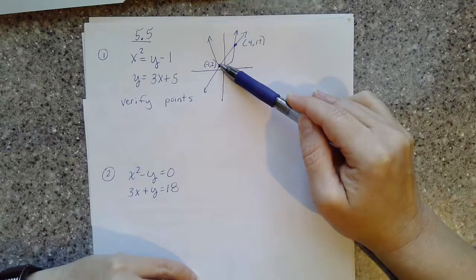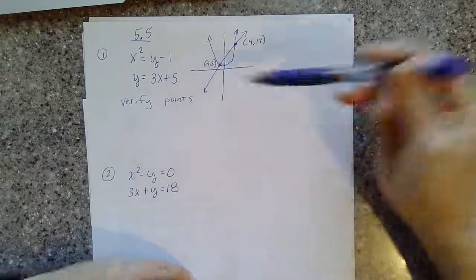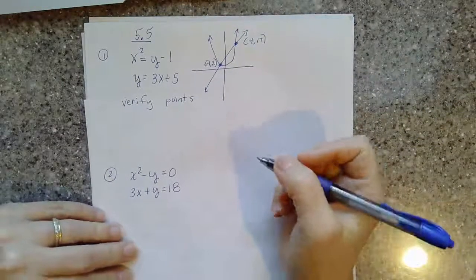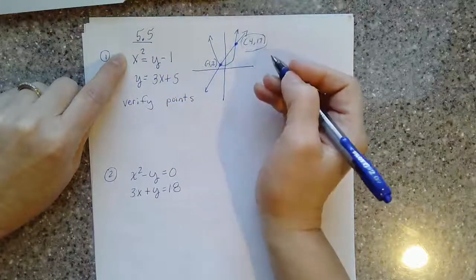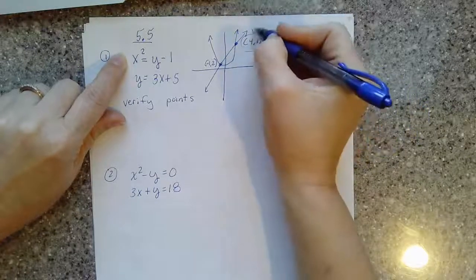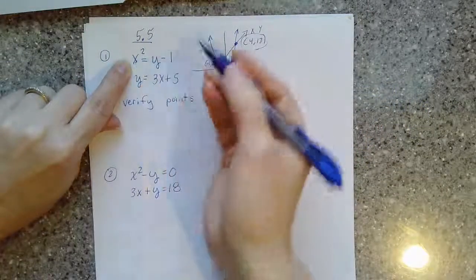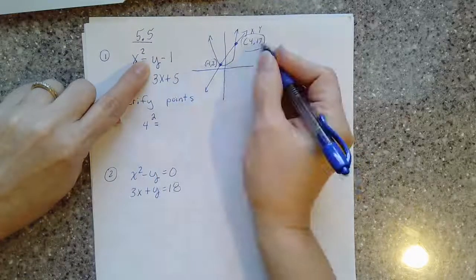So they ask you to verify those points, and how would you do that? You would plug them back in and make sure they work. So they have you demonstrate, say we're checking the point (4, 17). 4 is x, 17 is the y value, in xy order. So in the first equation, we type in 4 for x: x squared equals y minus 1. Let's see if it works.